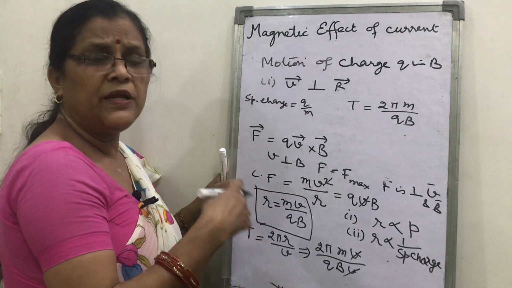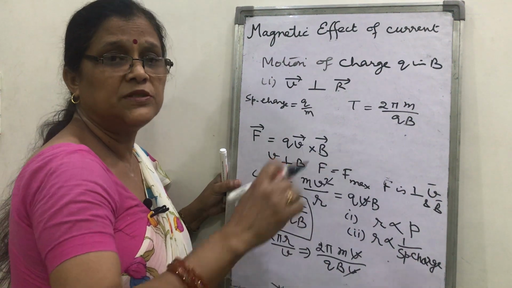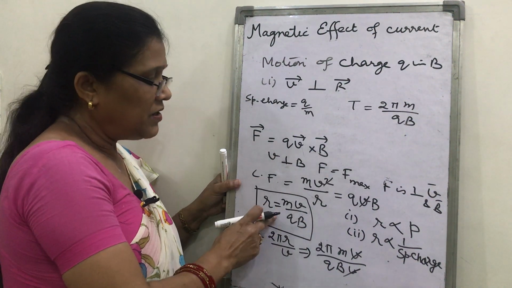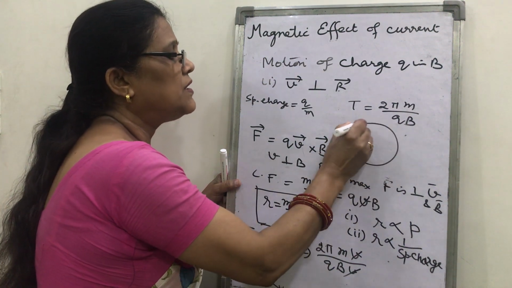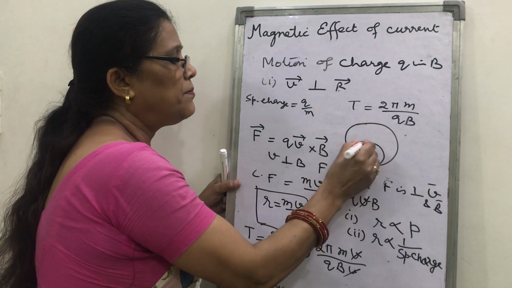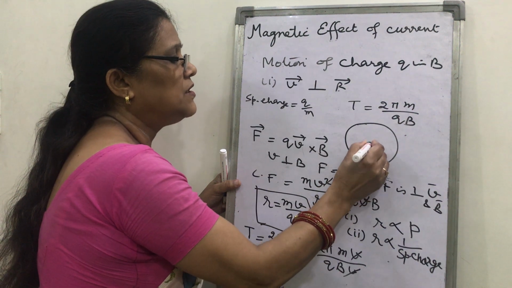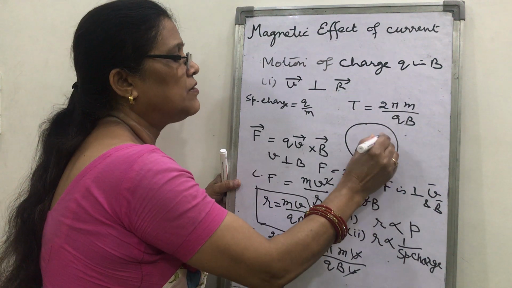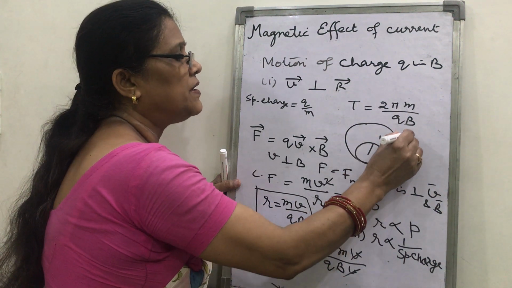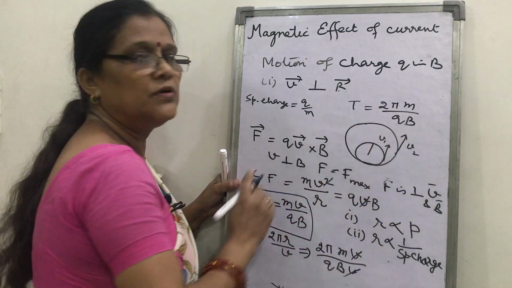Secondly, there are many questions to compare the radius of the circular path. How? Look here, if there is a path like this and another path like this, this is the smaller path. Suppose the charged particle's velocity here is v1 and here the velocity is v2.